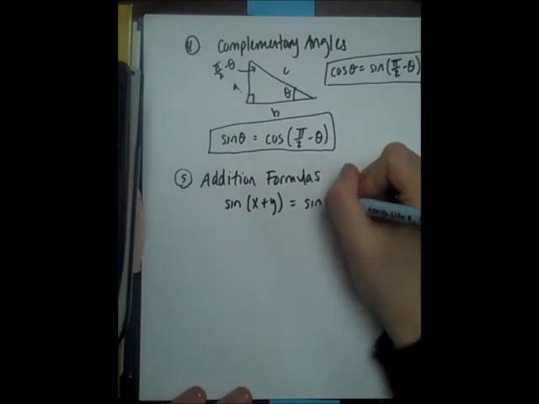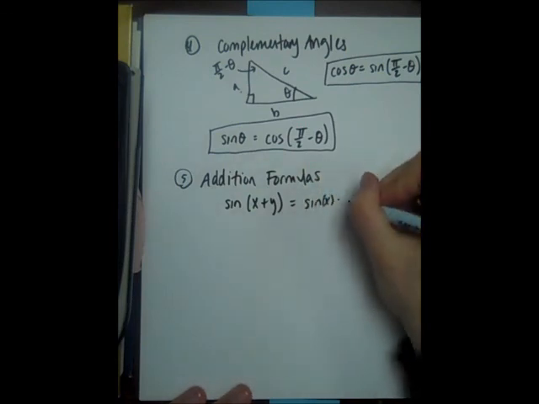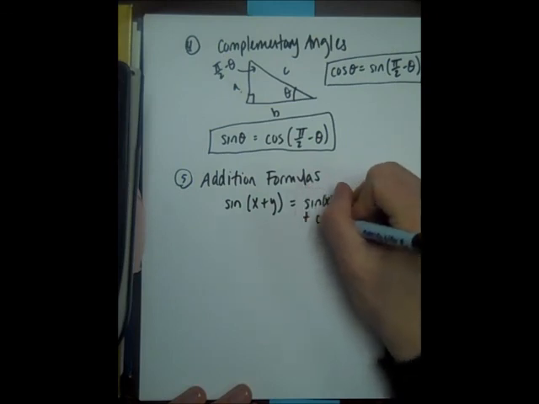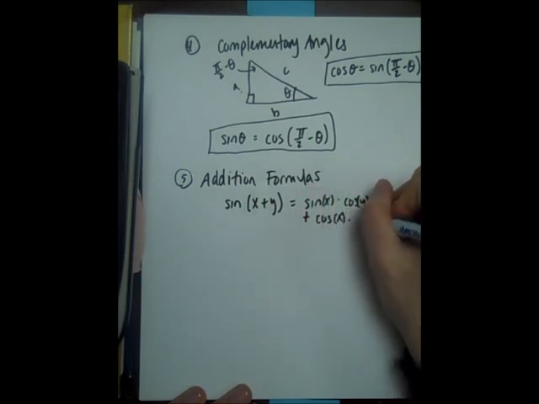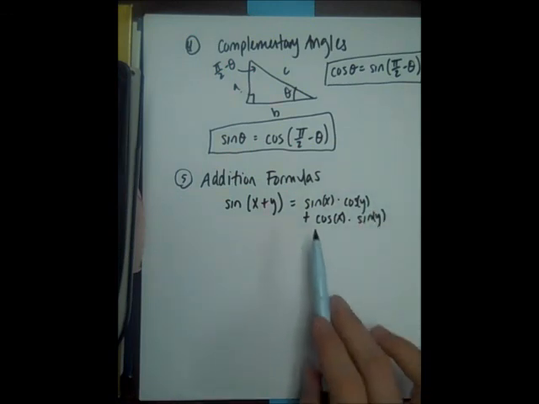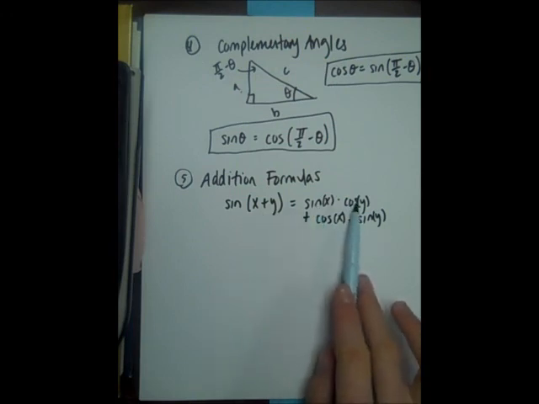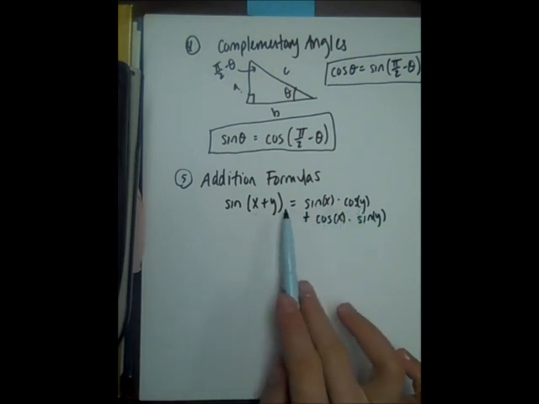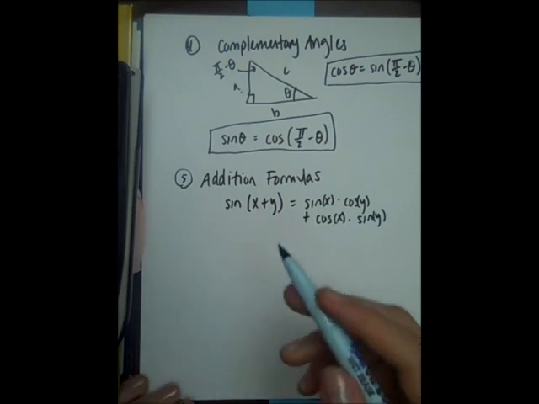It's sine of x times cosine y plus cosine x times sine y. So you are going to have two terms, but you have to consider that you're taking the sine of x and the cosine of y in the first one, cosine of x, sine y in the second one.